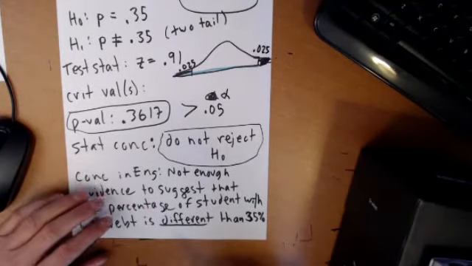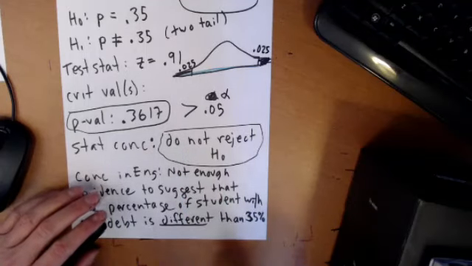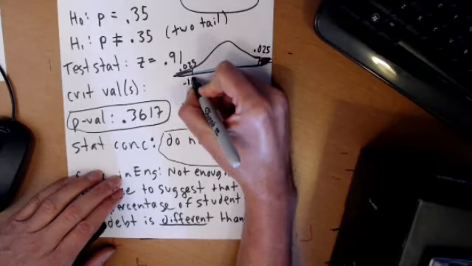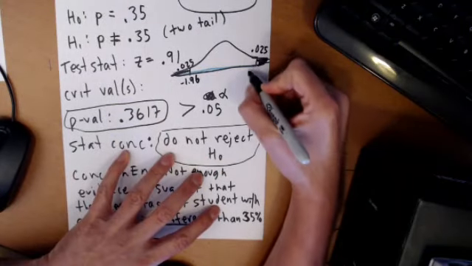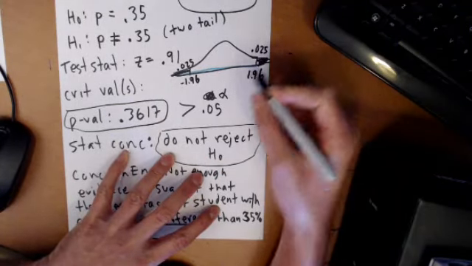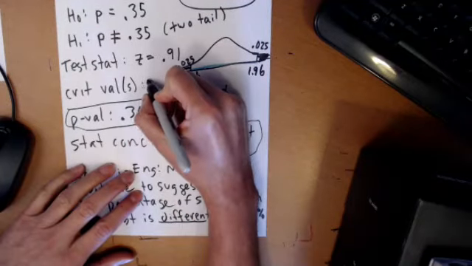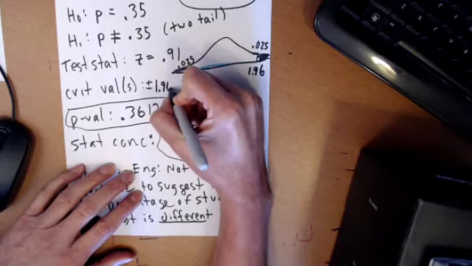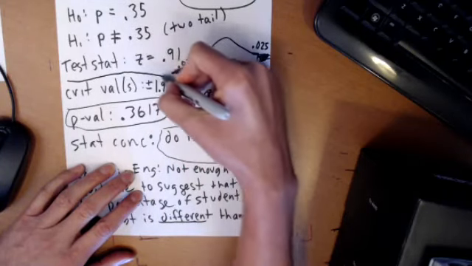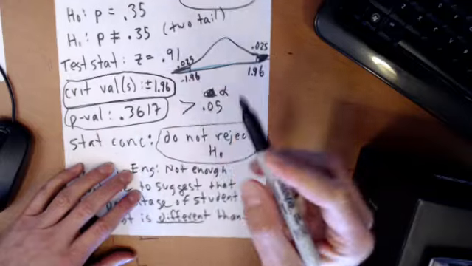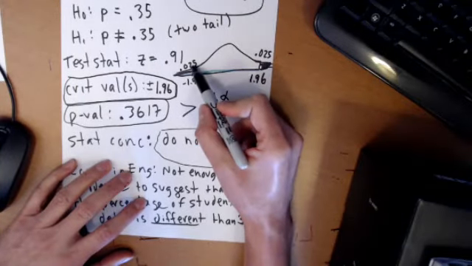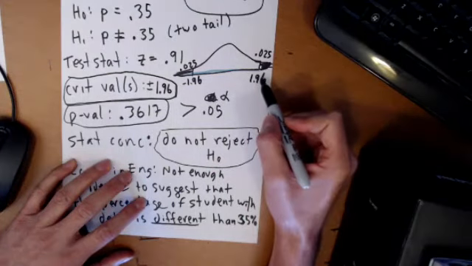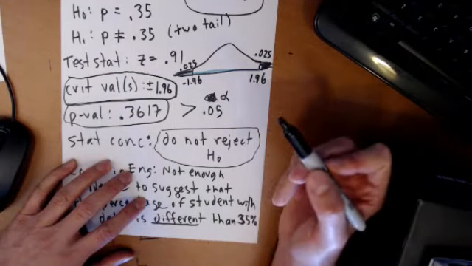So there's 0.025 over here, and 0.025 over here. If you go hunting for 0.025, you're actually going to find it, 0.0250. So this is a negative 1.96, and over here would be a positive 1.96. So our critical values would be plus or minus 1.96. By symmetry, this would be positive 1.96.